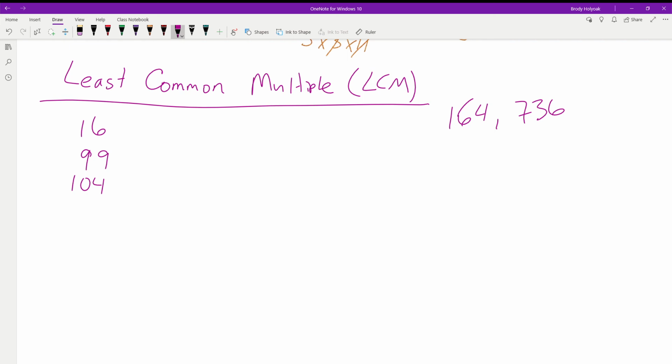So the first step we want to do is start breaking these guys up into their individual factorizations. So 99 we already factored. What did we say that was? 3 times 3 times 11. So that's the start. Okay, 16 splits up into what? Yep.